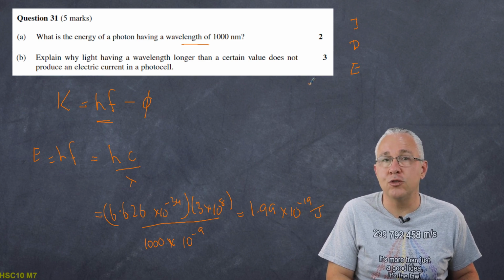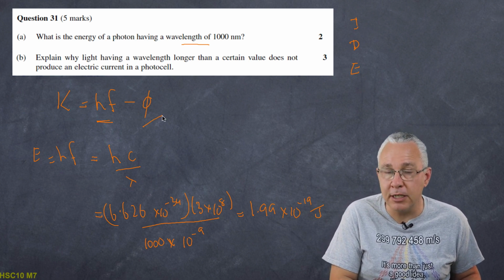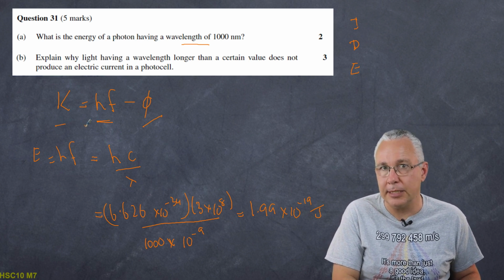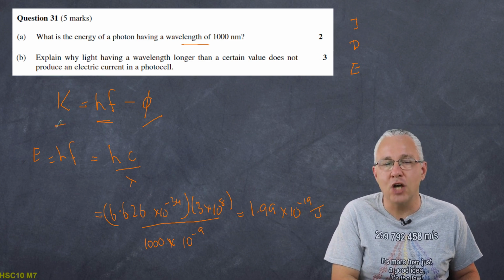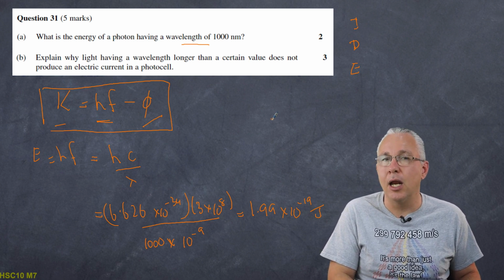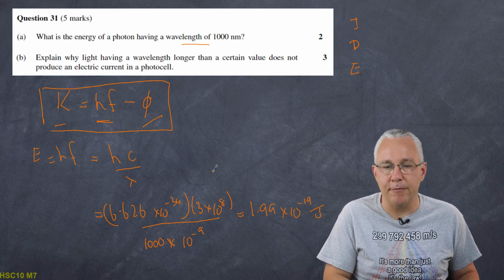So if it's too long, the energy is too low, it's not meeting the minimum requirements of our work function, and thus we don't get kinetic energy being released. So I've identified the issue, I've described what the issue is, and I've tied it in with this formula that we discussed earlier in explaining why a long wavelength may not meet the minimum requirements to get some sort of kinetic energy out of my photoelectrons.